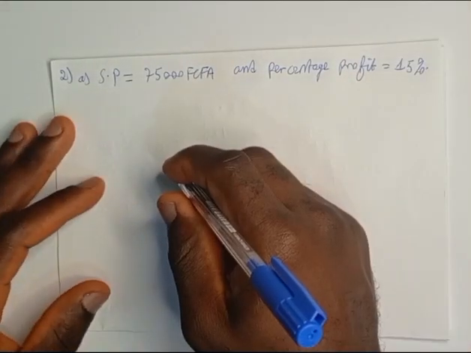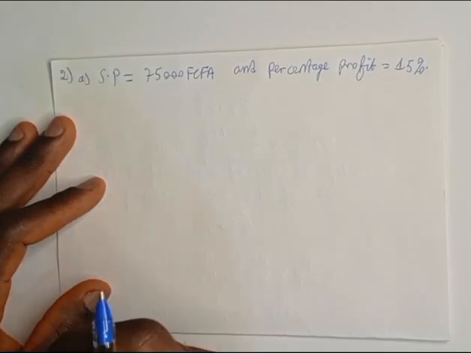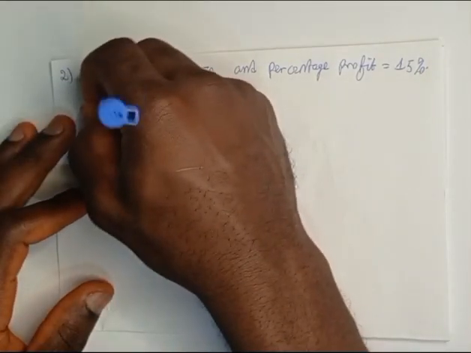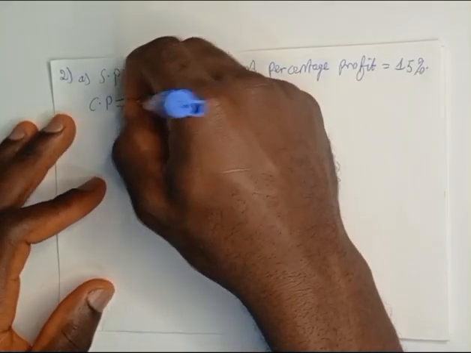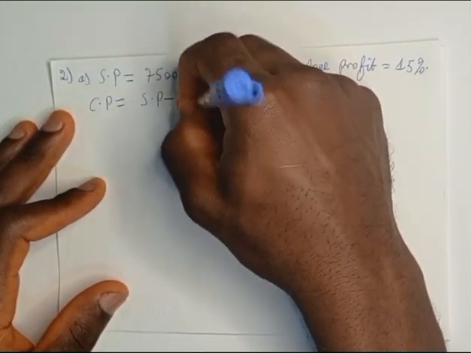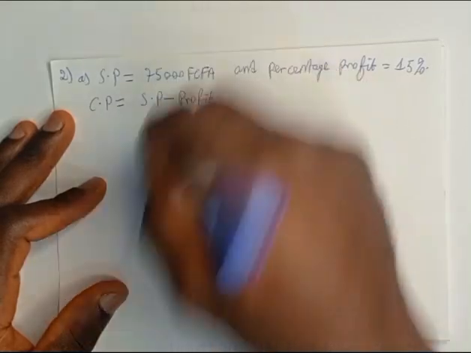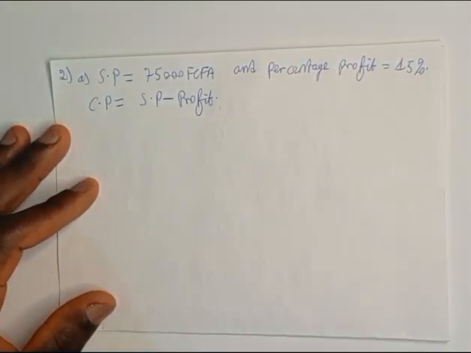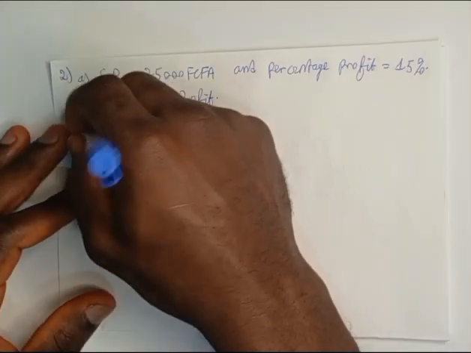We need to calculate the cost price. First, when profit is made, the cost price is simply equal to the selling price minus the profit as such. Now the next thing, we need to find the profit.